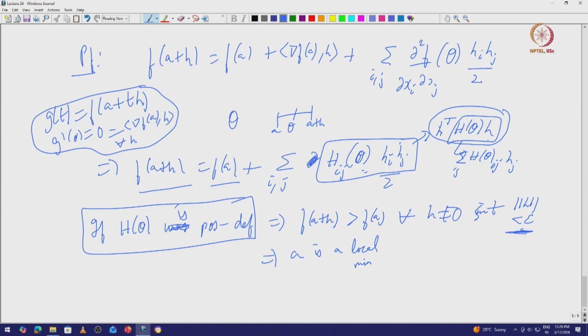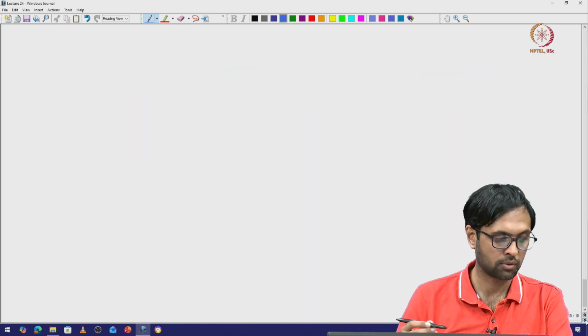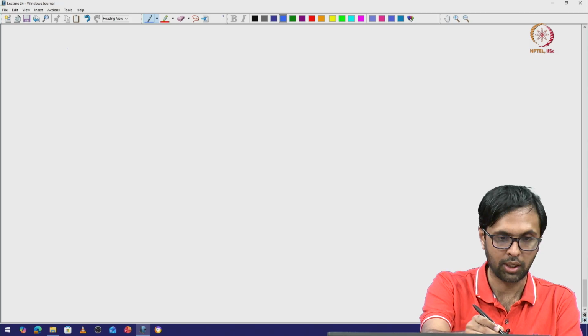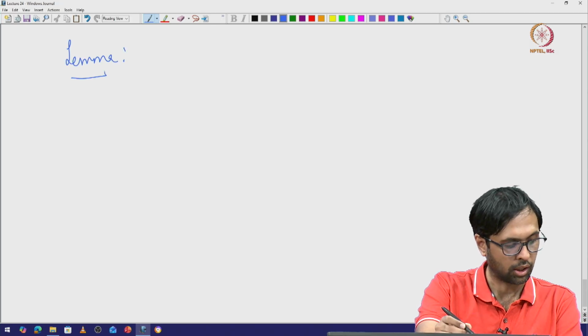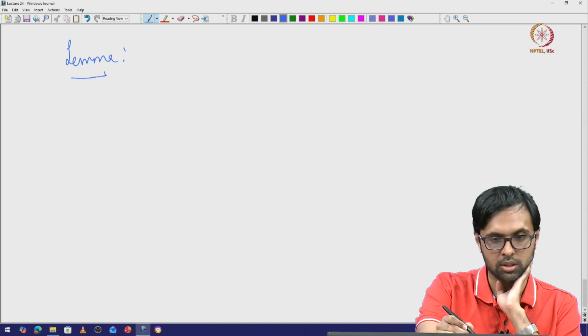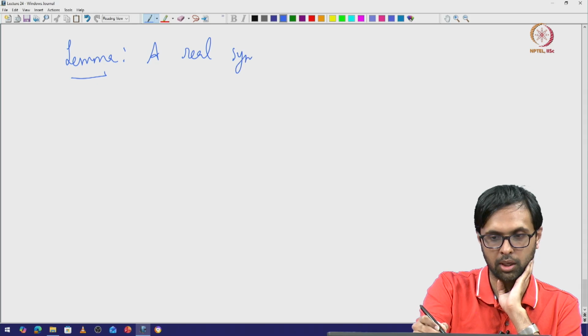We want a similar property to hold for matrices as well, but it requires a little bit more work because it's not as simple as merely knowing whether a number is positive. So here we need a lemma.